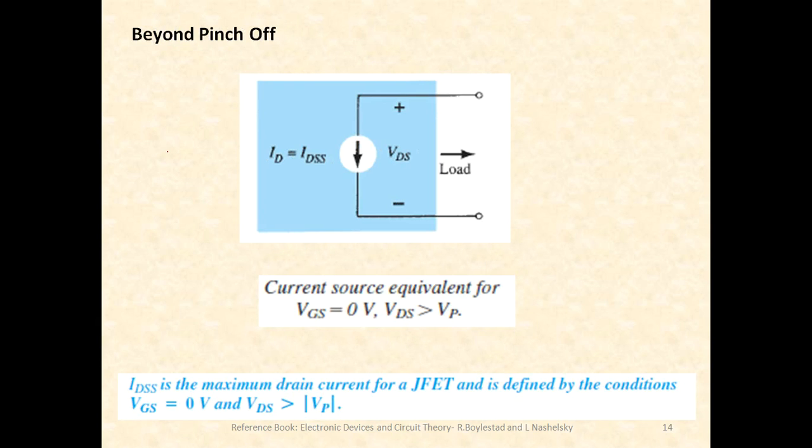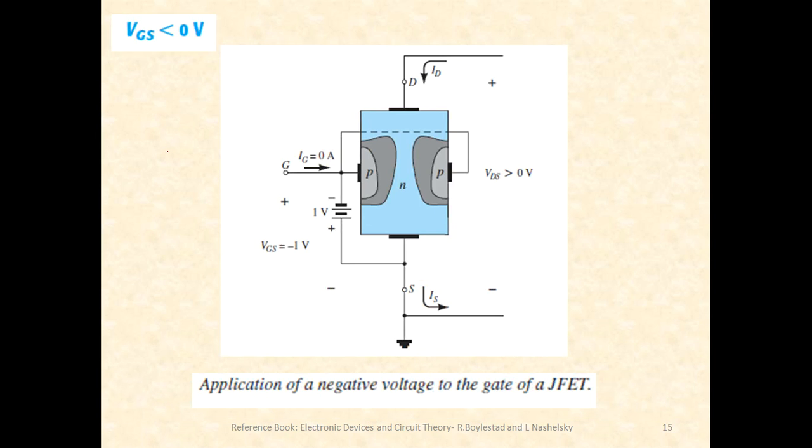Beyond the pinch off condition, the device acts as if it is a constant current source, because of the saturation part. Then when VGS is reduced, the pinch off occurs earlier, more quickly when compared to the situation when VGS is 0 volts.